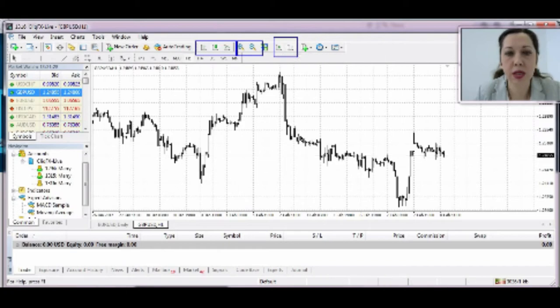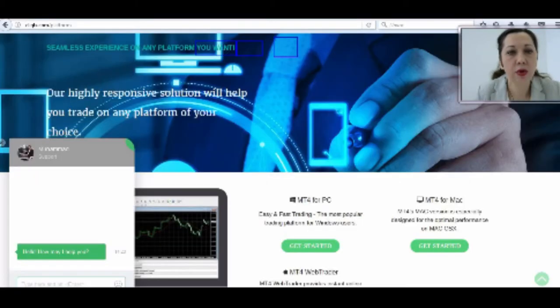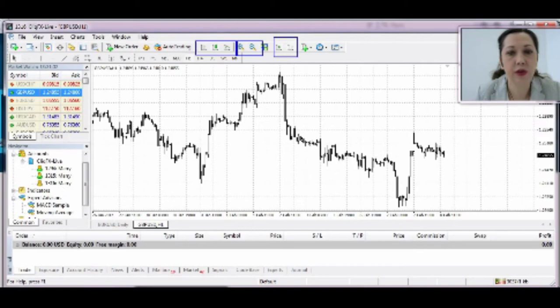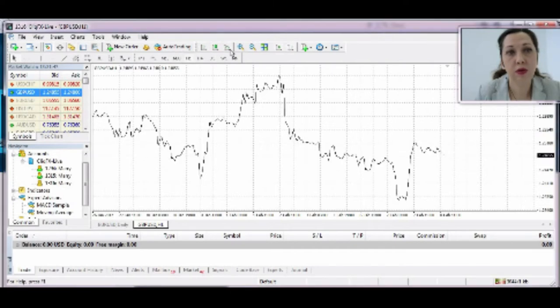By the way, I didn't tell you, sorry. To activate all the buttons, you just need to click on them. When you click them, they are activated. So when I click, I change the types of the charts. When you click it, it goes a little bit lighter.